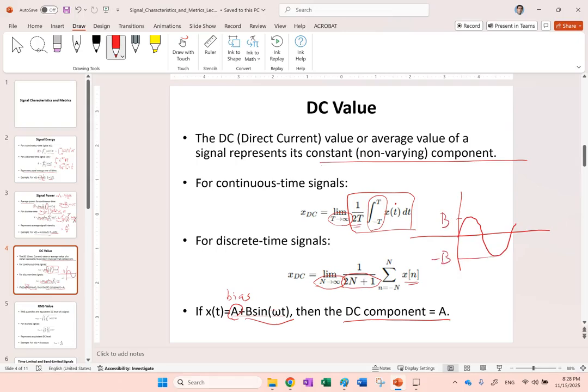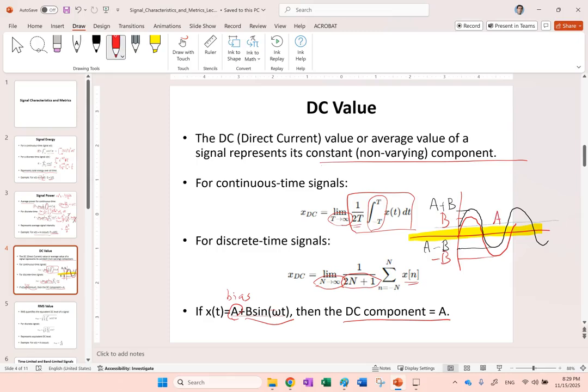So the average value of the signal is 0. But if you shift it up by a value of a, now you're looking at something like this. So this number here is a plus b, and this number here is a minus b. And the average of the signal is here, which is exactly a.